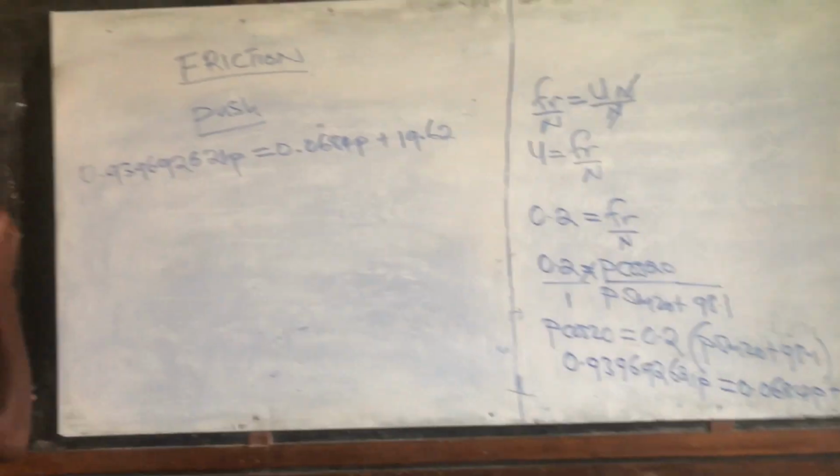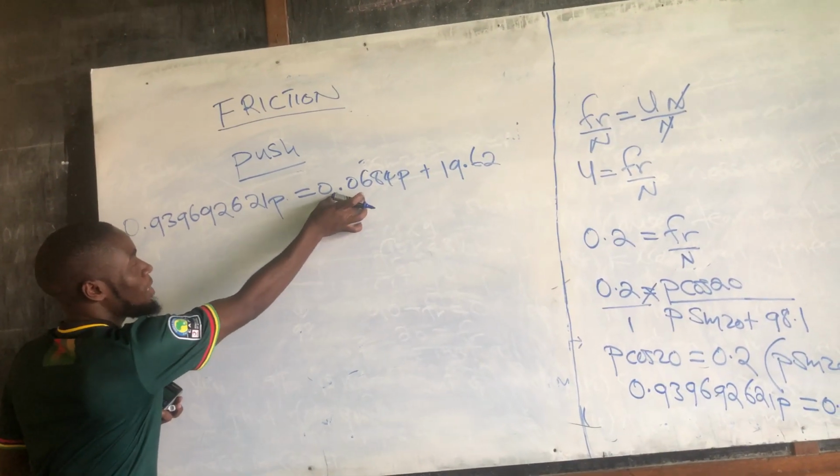Okay. So what do you do next here? Just group the like terms. So this one will jump to this other side.